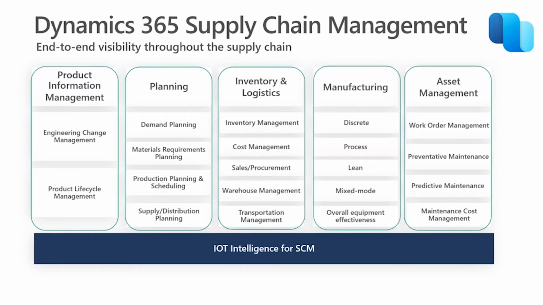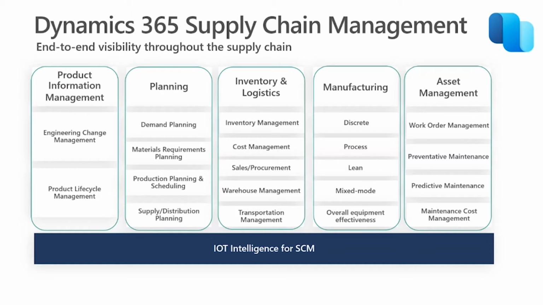We've also introduced a new capability around managing the assets that you use to actually produce or run your operations, and that is basically through the enterprise asset management capabilities offered as an add-on to supply chain management today. That supports an ability for you to track your assets in real time, as well as manage the availability of the assets by doing the necessary maintenance, whether it's done in a reactive way, a preventive way, or a predictive way.